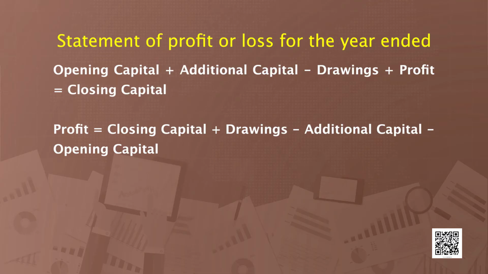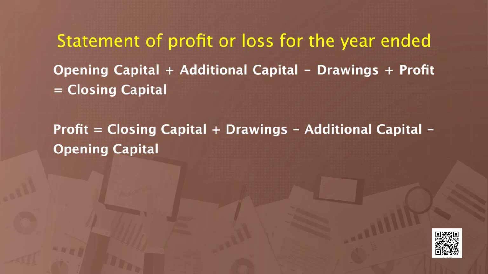So, in order to calculate profit, use the equation. Profit will remain on the LHS and the rest of the things will be transferred from the left hand side to the right hand side. Closing capital is already on the right hand side. Drawings, which were getting subtracted on the LHS, would be added.